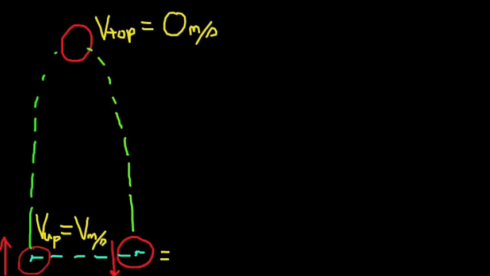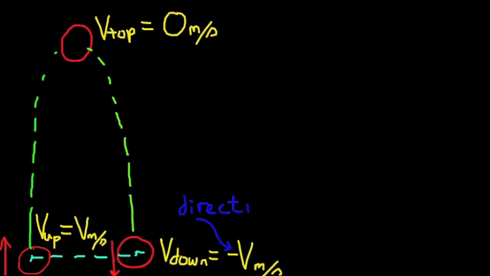And finally, we know that it returns back down to Earth in exactly the same manner as it left, and therefore the speed at which it's traveling at the same height that it started from must be the same as the initial speed. I include a negative here to indicate that the direction, as we discussed earlier, is now the opposite. And remember that we're talking about velocities, which have a magnitude and a direction. So for any object in vertical projectile motion, this is going to hold.